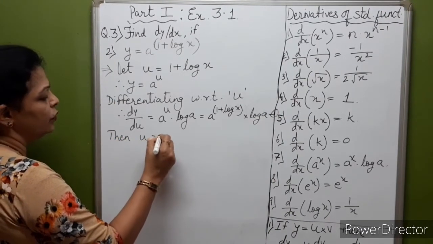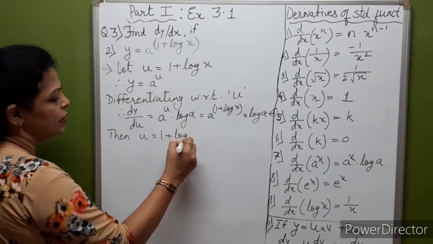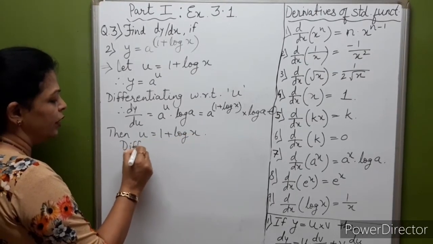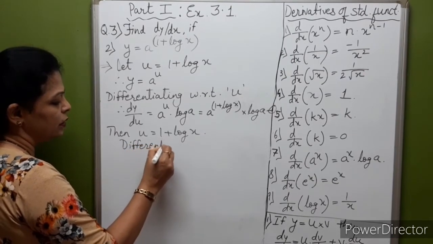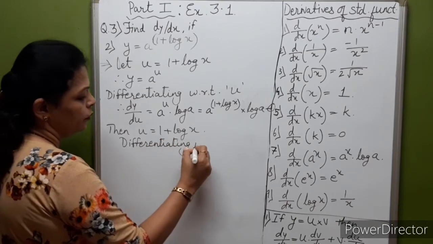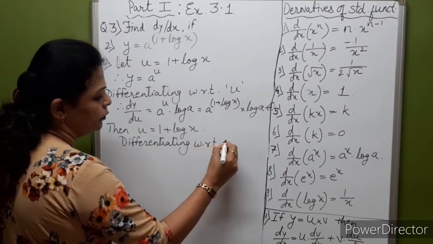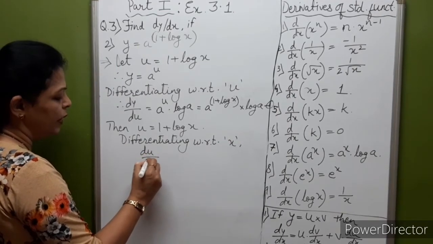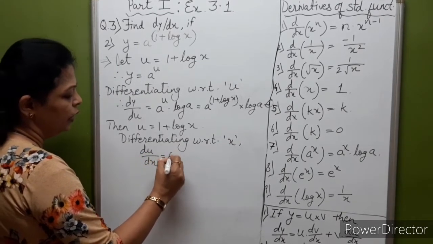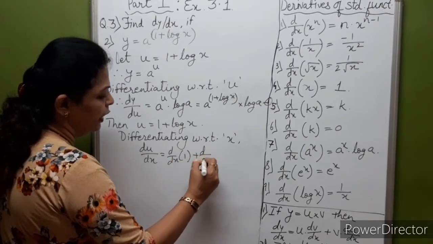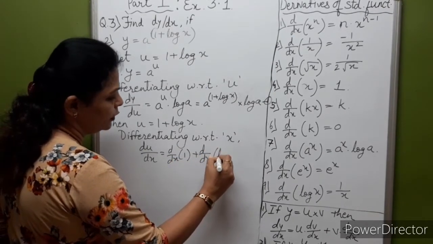Then u is equal to 1 plus log x. So differentiate. Differentiating with respect to x, du by dx is equal to d dx of 1 plus d dx of log x.